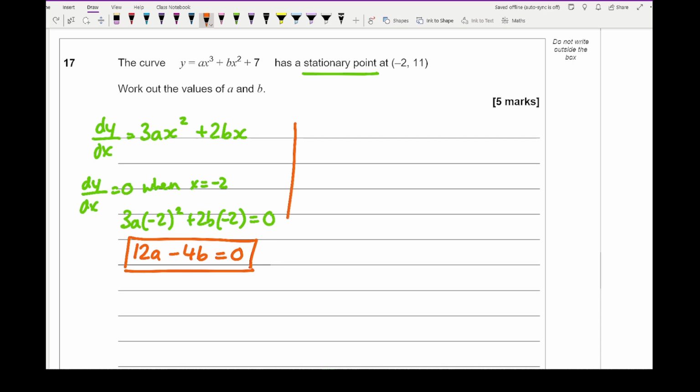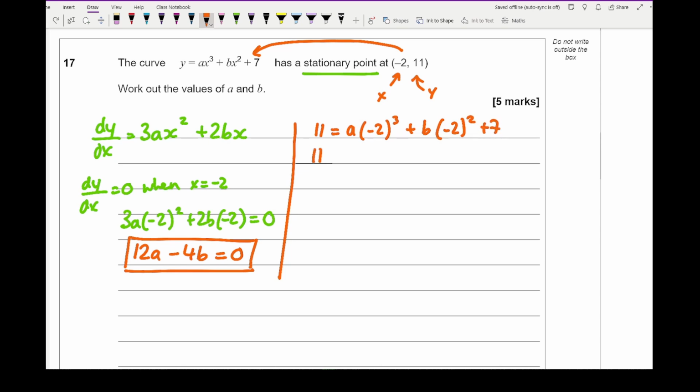Now, looking at the second bit of information, I know that I can substitute these values into this equation. So minus 2 is x and 11 is y. And what I end up with is 11 equals a multiplied by (minus 2) cubed plus b multiplied by (minus 2) squared plus 7.